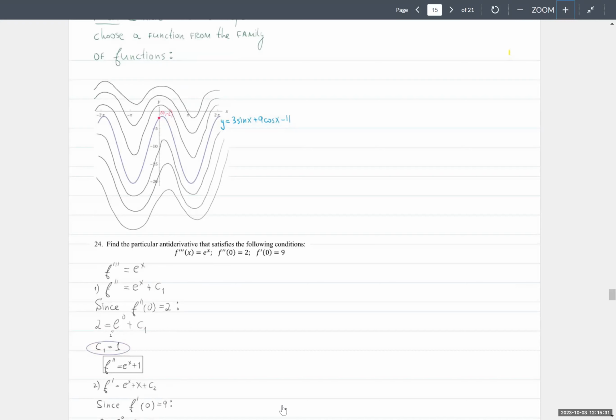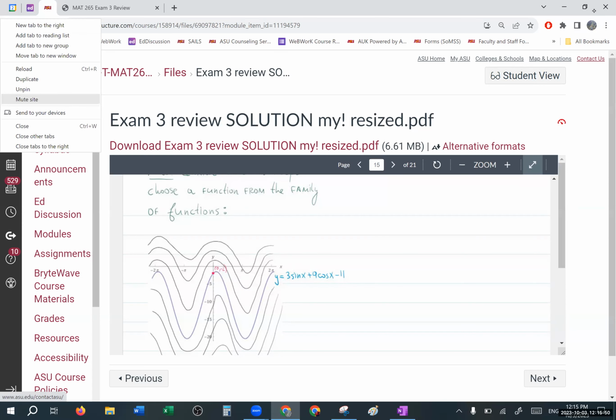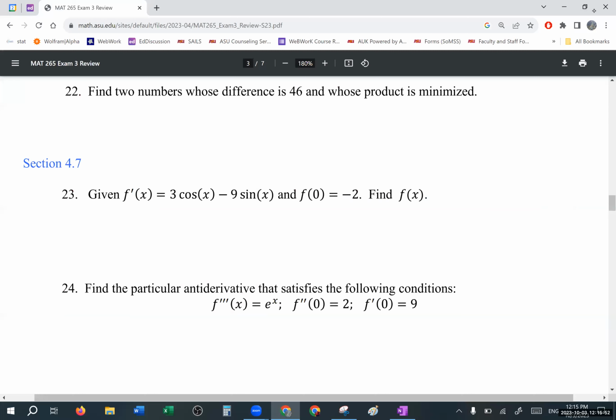Those graphs, and then they gave the initial value, and it took out a specific solution from the family of solutions. Good. Let me check the chat.